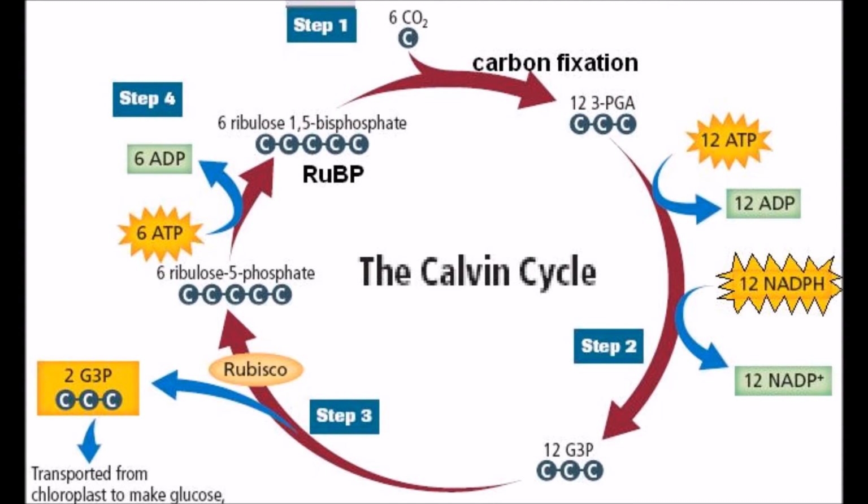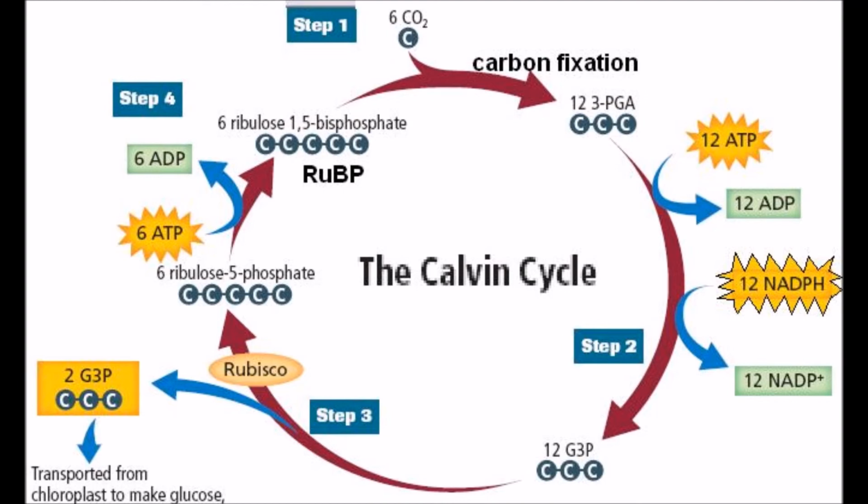In step 1, ATP is used to phosphorylate 3-PGA, and in step 2, NADPH transfers 2 high-energy electrons to the phosphorylated compound. For each molecule of CO2 incorporated by rubisco, 2 ATP and 2 NADPH are required. NADPH provides most of the energy that is in the bonds of carbohydrate molecules.